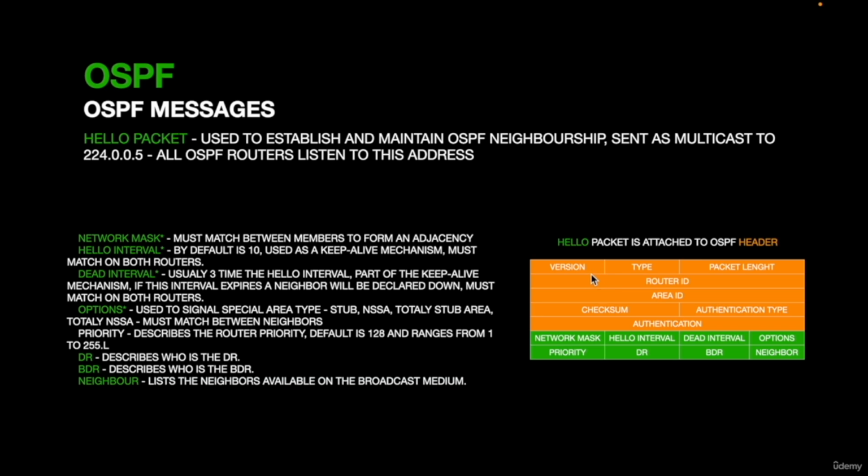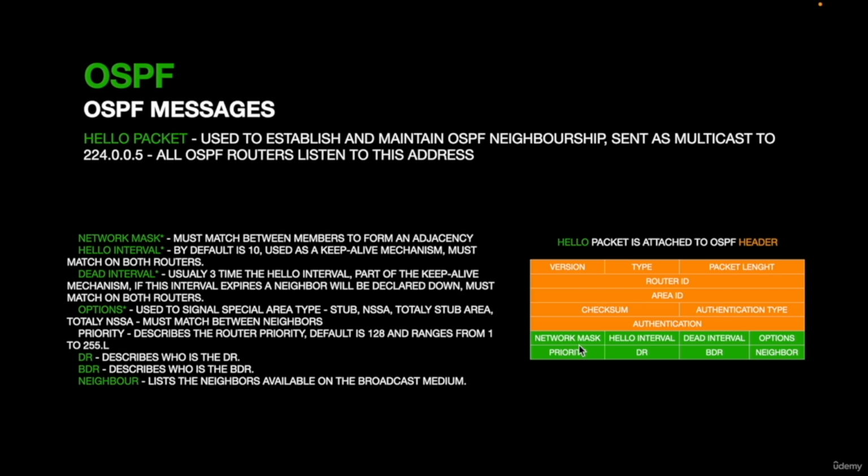We have version, which can be 2 or 3, type, the length of the packet, the router ID, the area ID. If we have authentication, this field will describe the authentication type, and this field is for the authentication. What we are interested in is the hello packet.